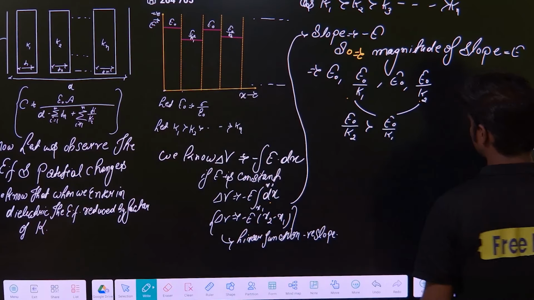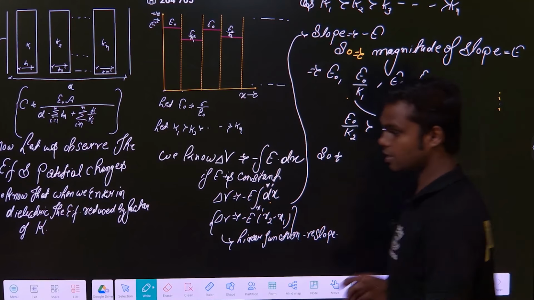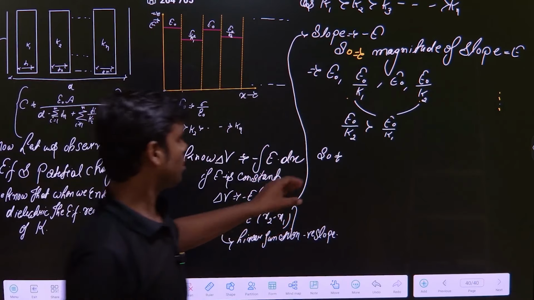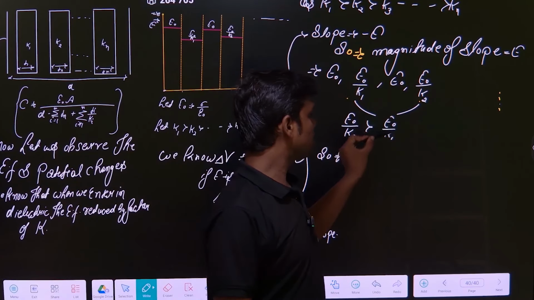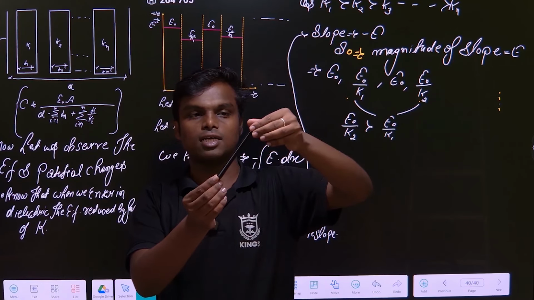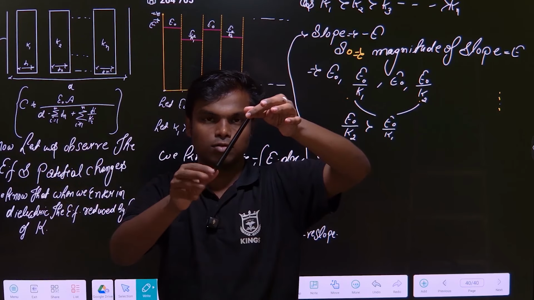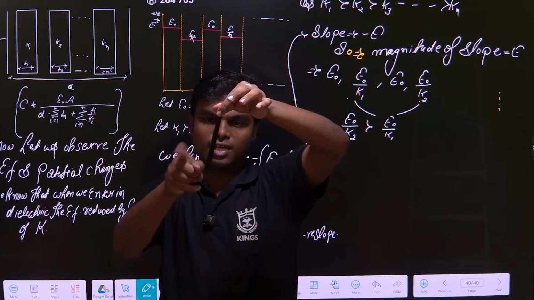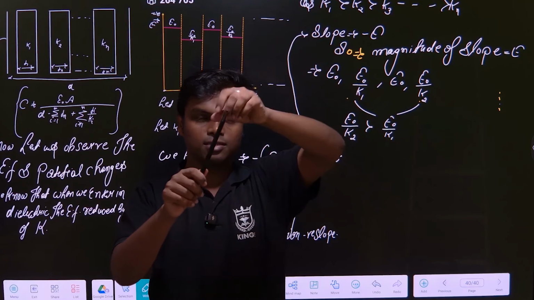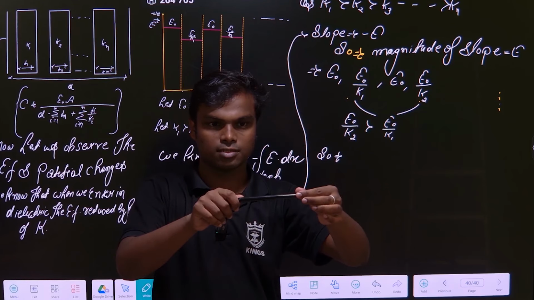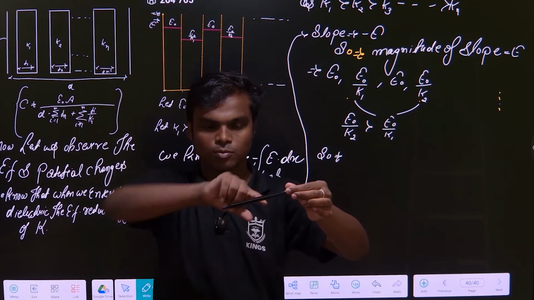So if I draw the graph, suppose I am falling with this slope. With this slope, you can see the slope is less, so it is something like this. Take this as the y-axis and this as the x-axis. The slope is something like this, the angle is very small. For this, the slope is more, so the angle is more, something like this.